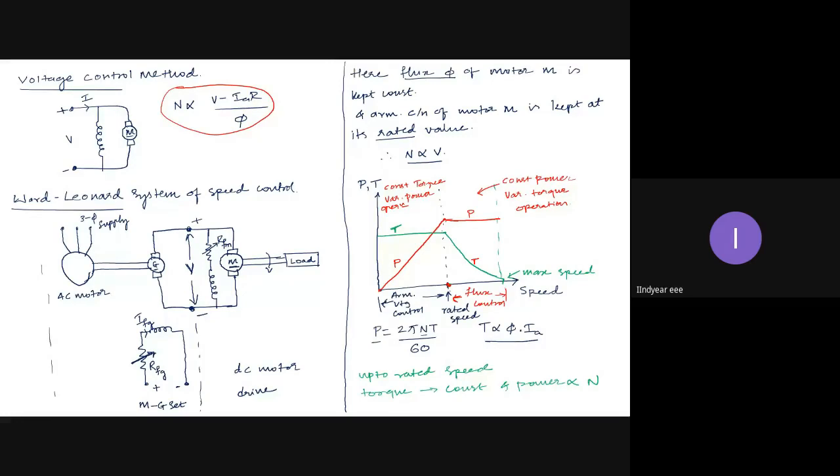So though it was less efficient, it was still used widely in industrial applications because of the wide range of speed control, before the electronic speed control techniques became more famous. These are things we have already discussed in the previous classes.